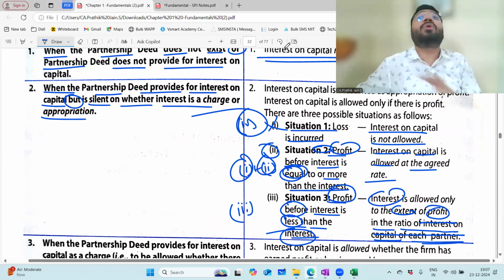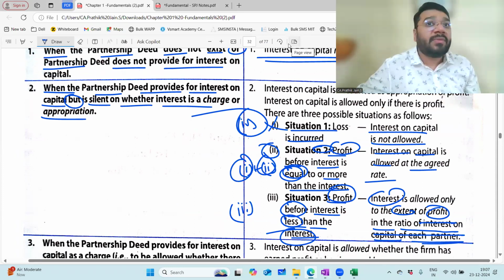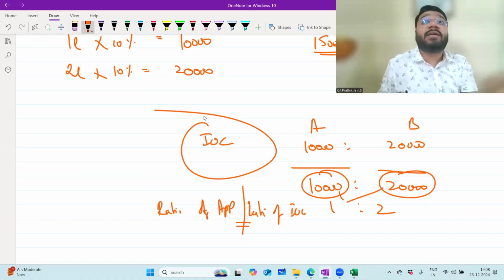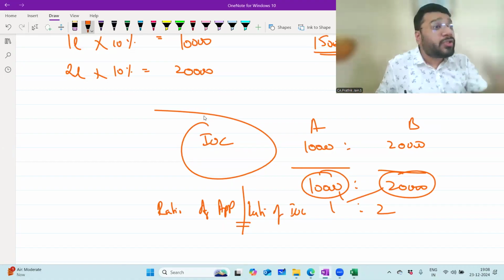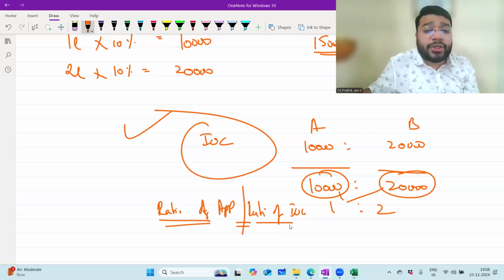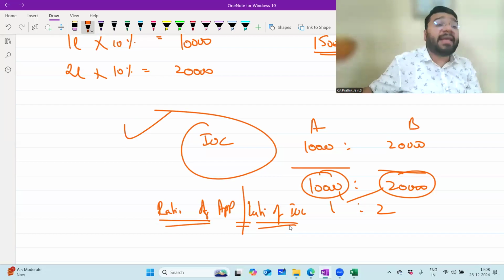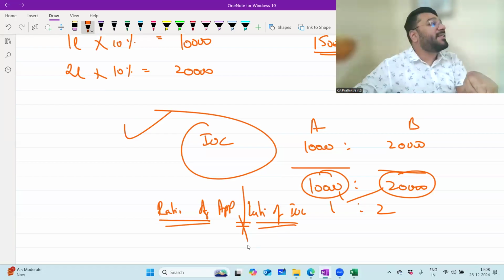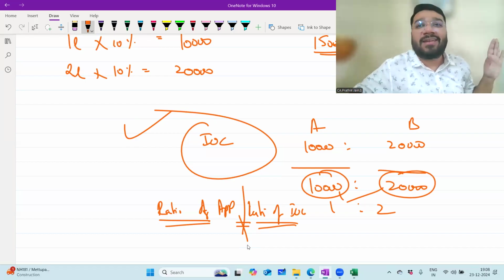So when they use the words ratio of interest on capital, people got confused. Both are the same. In this particular tabular column, they're only focusing on IOC. They never focused on commission or remuneration. So obviously, when you prepare the tabular column, the ratio of appropriation is going to be equal to the ratio of IOC. When will the ratio of appropriation not be equal to the ratio of IOC? When you have other items such as commission, salary, etc.